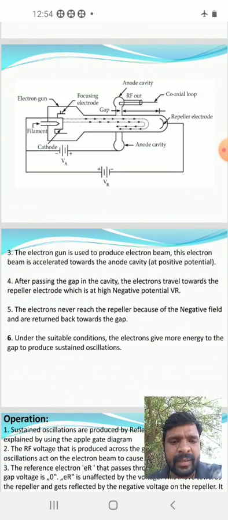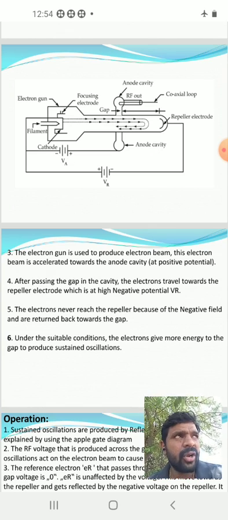The electron gun is used to produce the electron beam. This electron beam is accelerated towards the anode cavity at positive potential. That means the electron gun generates the electrons.